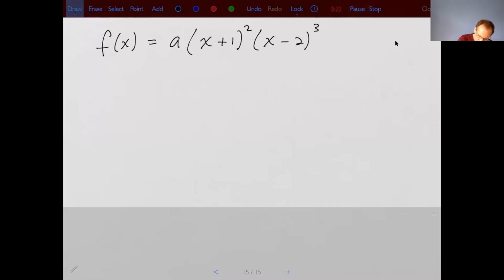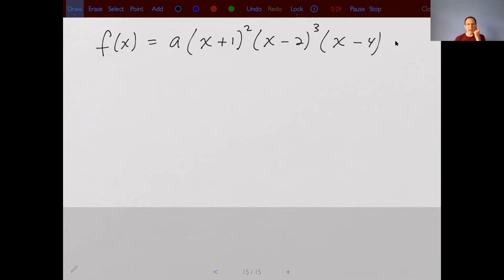Okay, so for that particular polynomial, we figured out most of it so far. We have f of x equal to a times (x plus 1) squared times (x minus 2) cubed times (x minus 4).